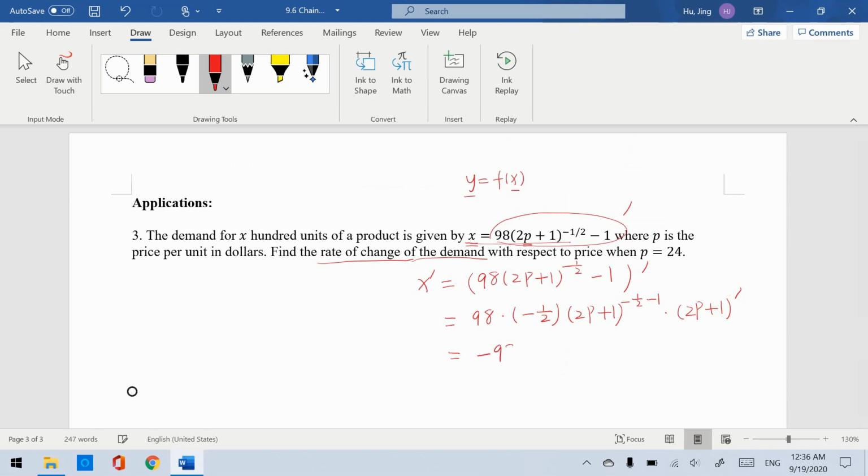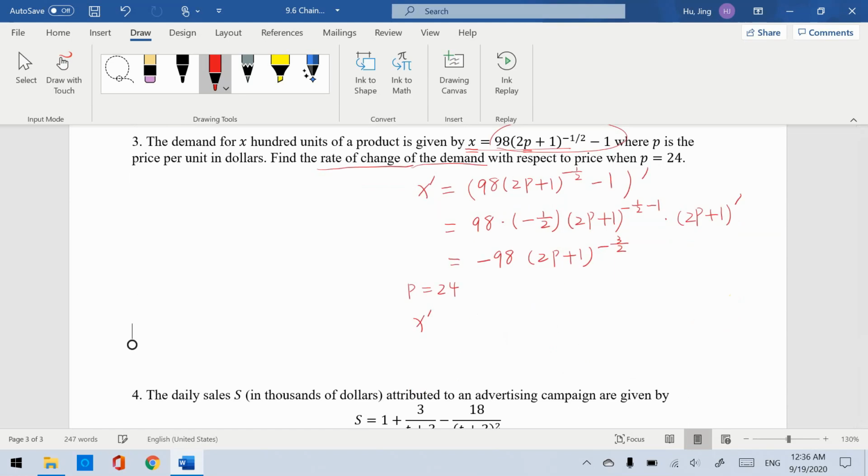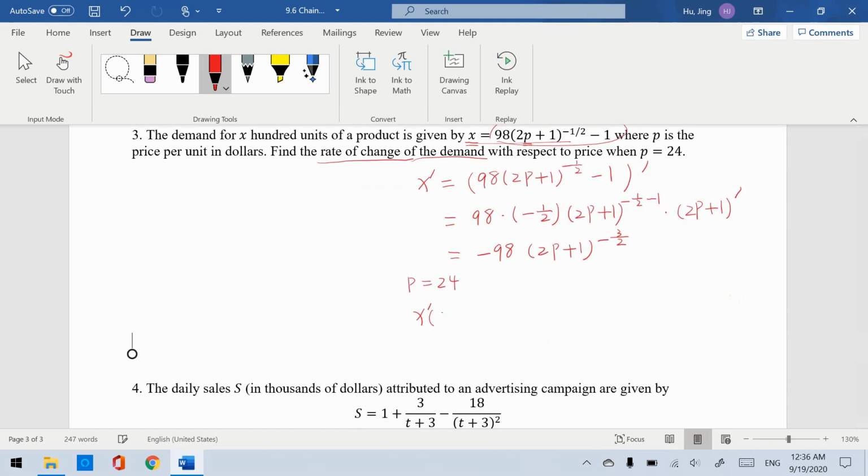Directly left, negative 998 times (2p plus 1) to the negative 3/2. Now we want p to be 24. So then we know x prime when p is 24. You just replace p by 24. Then you can get the answer.